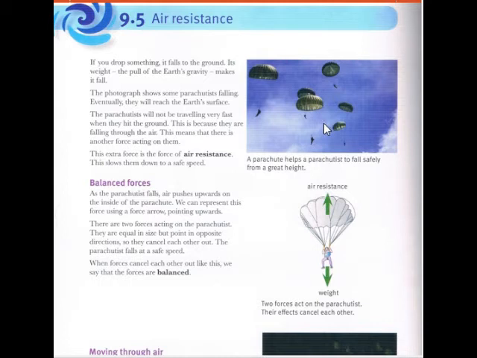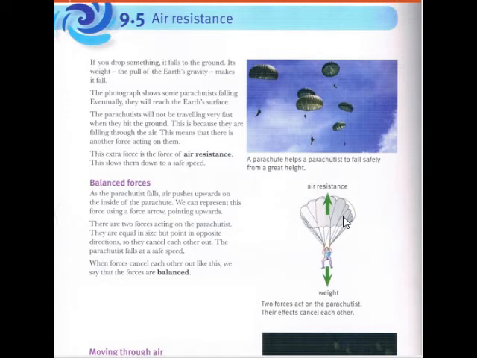Okay, students. How can the parachute fall down with a safe speed? Of course, there is another concept. We call that balanced forces. As we know, the parachute is falling, and air resistance pushes upward on the inside of the parachute like this, students.